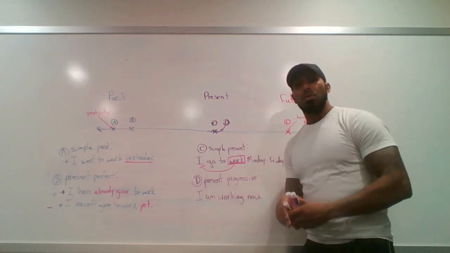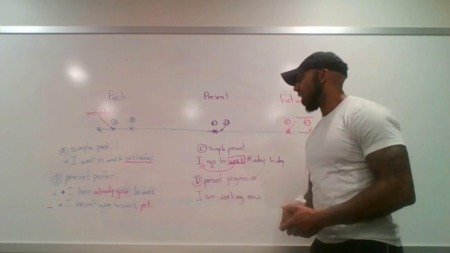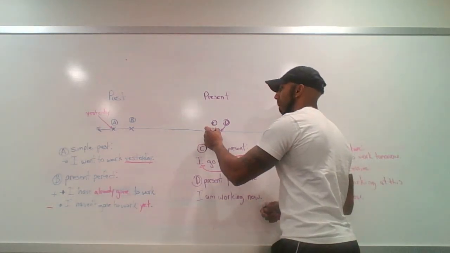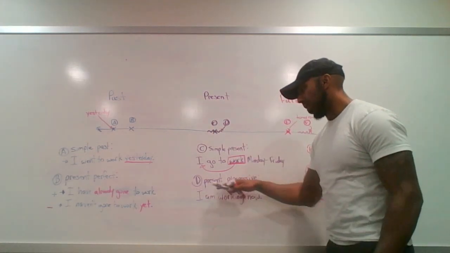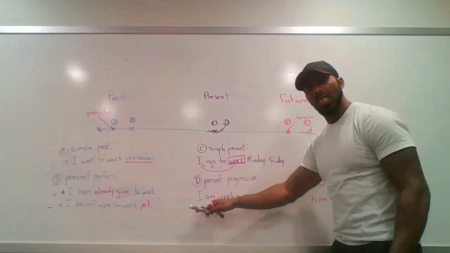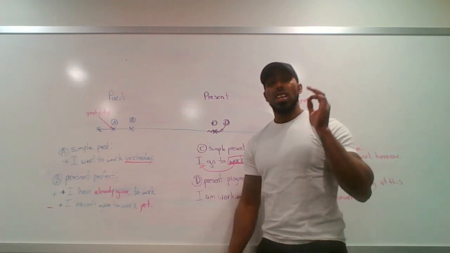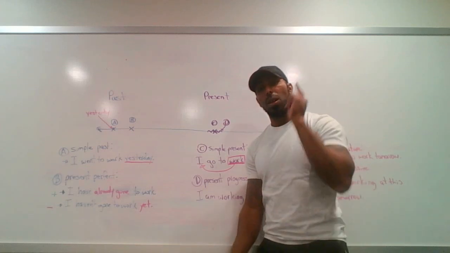The other kind of present tense that we have is present progressive tense. Okay, and I've drawn a squiggly line through my X and my action. My example sentence is, I am working now. Now, present progressive tense is used to talk about what is happening right now at this moment.